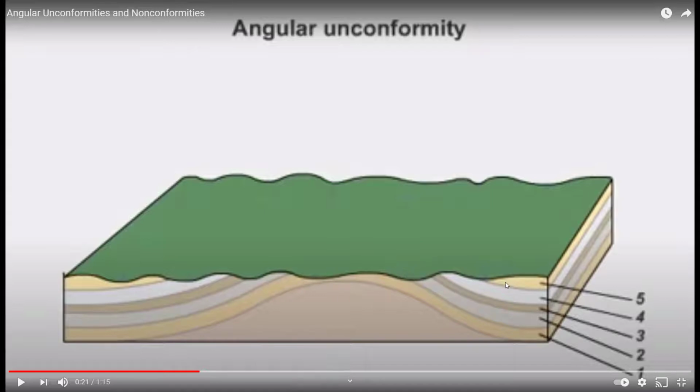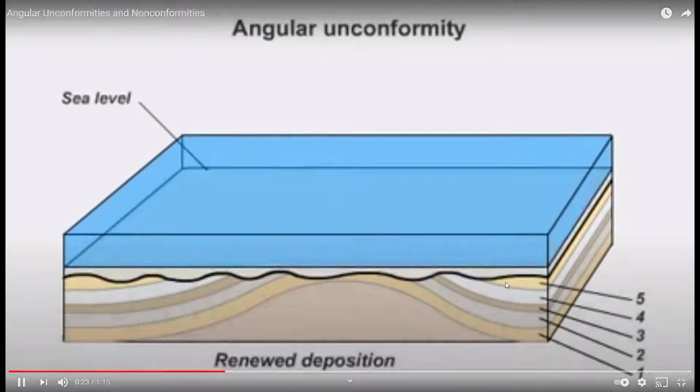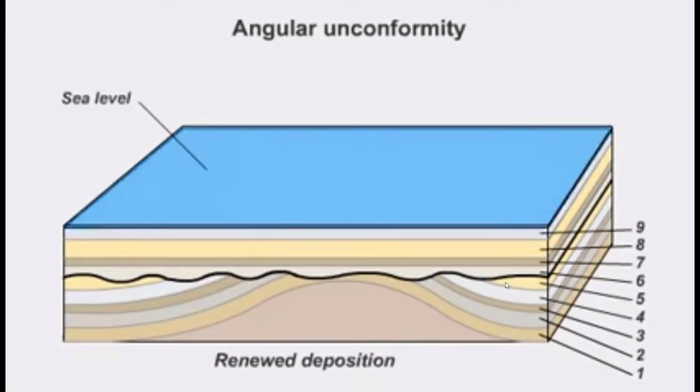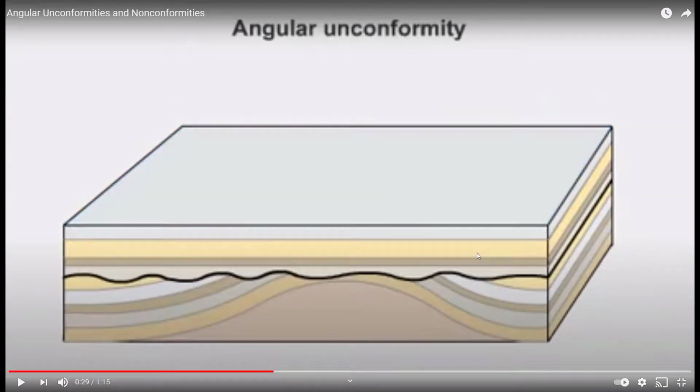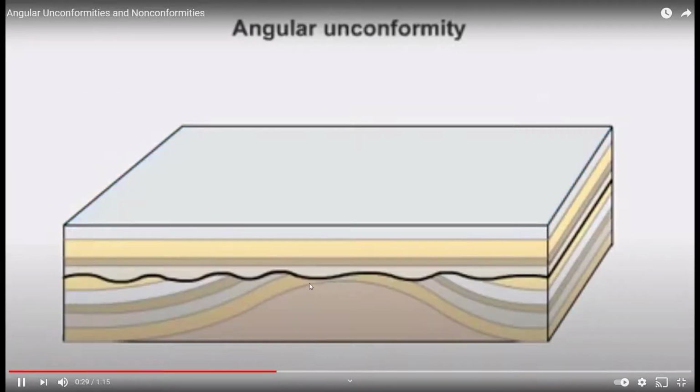Then as we go through time, sea level will rise, and you once again have sedimentary rocks that are originally deposited horizontally. That's also called the principle of original horizontality. And your angular unconformity is this erosional surface that marks where you have tilted rocks overlain by flat-lying rocks.